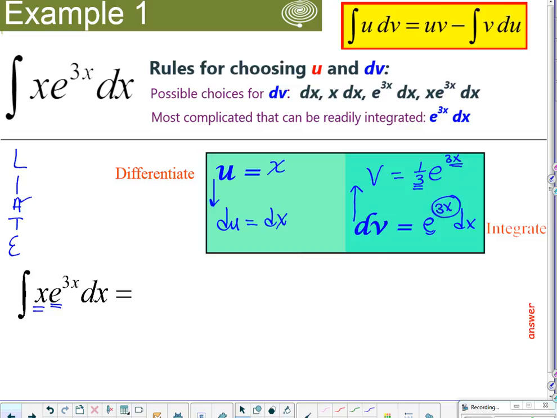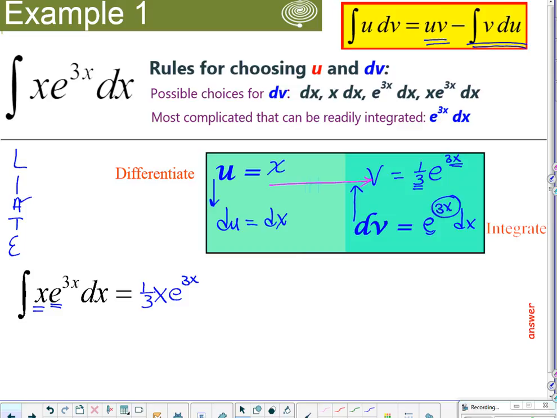Now, setting this up, the theorem goes u times v minus the integral of v du. So I really just need to follow the pattern. U times v, and sometimes I just think, well, I'm going to come across here, so I got x times 1/3 e to the 3x.